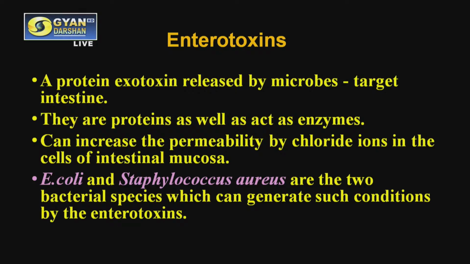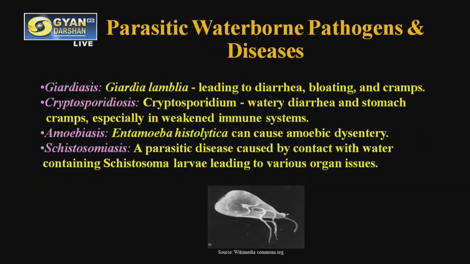E. coli and Staphylococcus aureus, which are pus-forming bacteria, are the two bacterial species which can generate such conditions by enterotoxins. So toxins are poisonous substances that are liberated by bacteria, and they can have certain harmful effects.